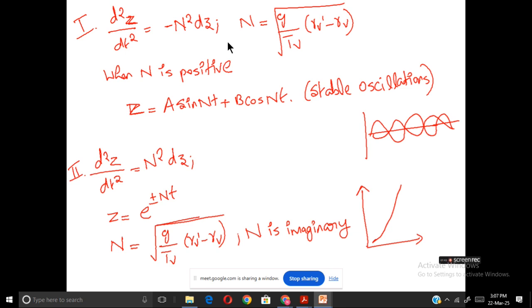In the first case, if n is positive, it basically means gamma v dash minus gamma v is positive. We know n is basically root of g by Tv into (gamma v dash minus gamma v), so only when this is positive do we have a real solution.